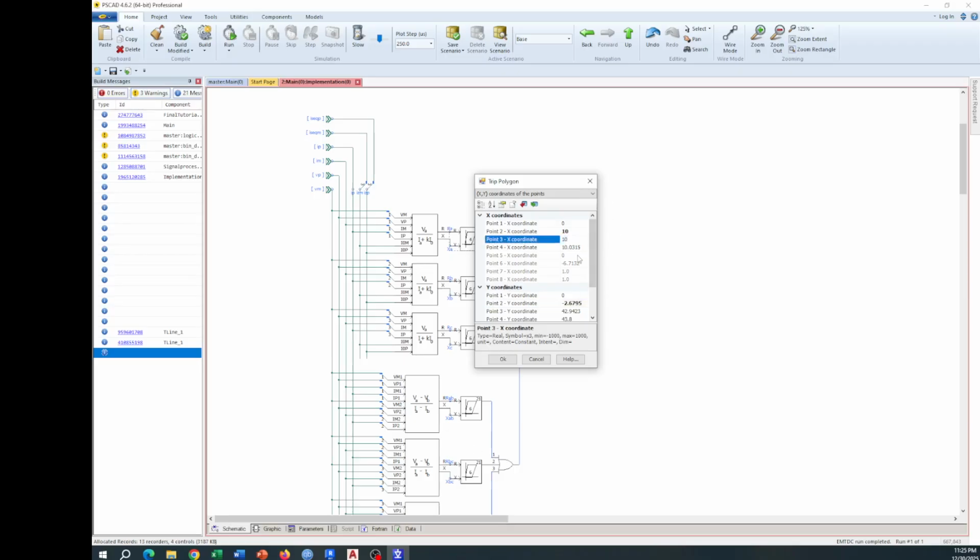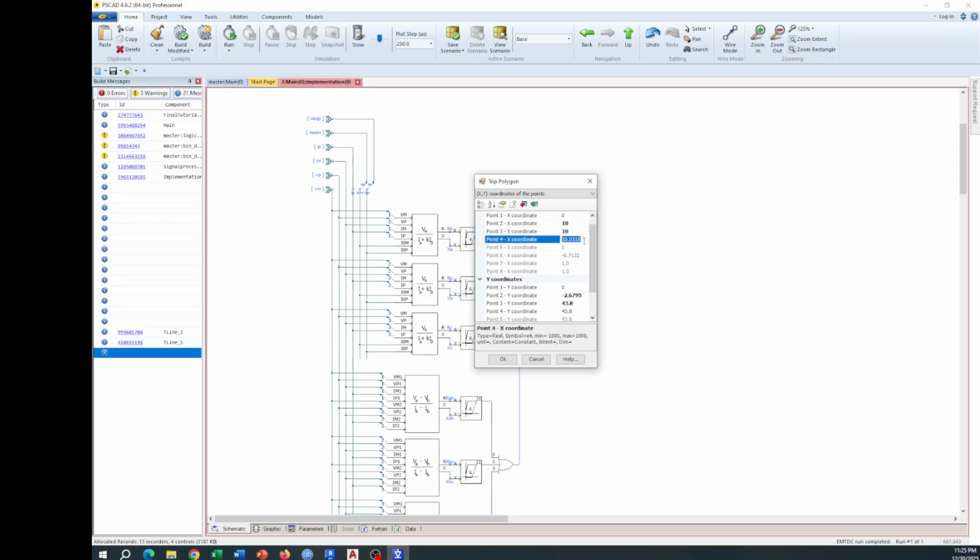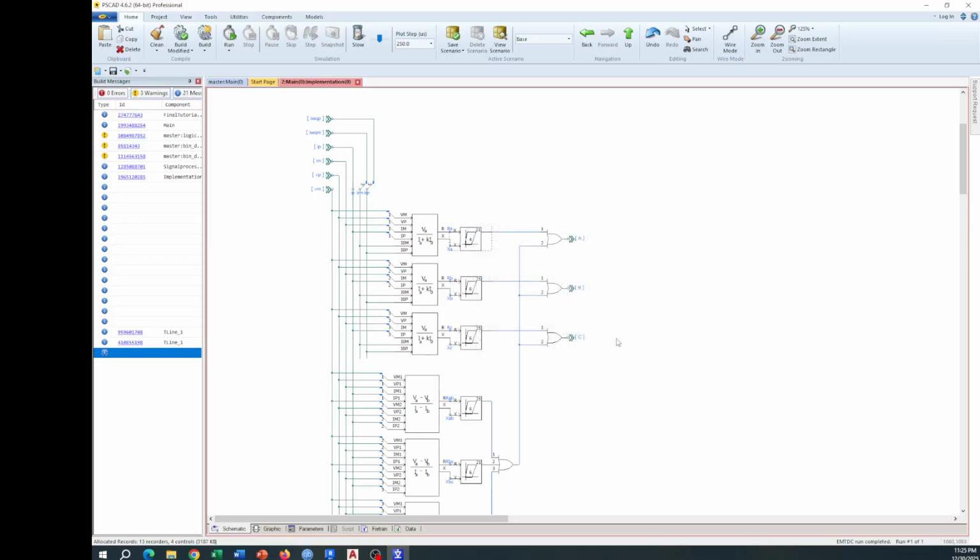The third one is 10, 43.8. The fourth one, let me check what it would be. Look, this one is 10, 43.8, and this one is minus 20.4243, 43.8.